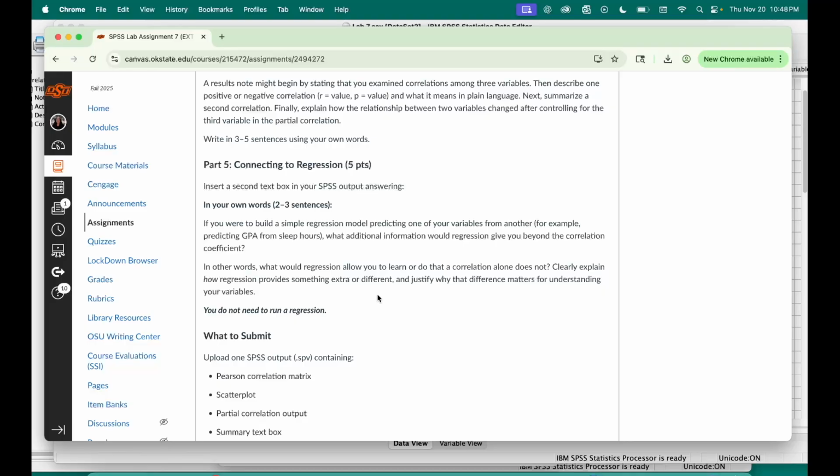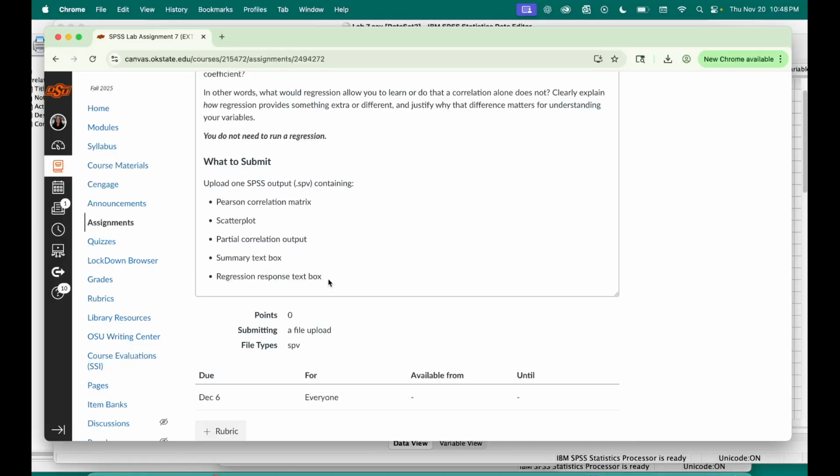Essentially, why don't we always just run a correlation? What information is the regression providing that is above and beyond a correlation? That is essentially how I would think about it. Why do we need a regression? Why is a regression useful?